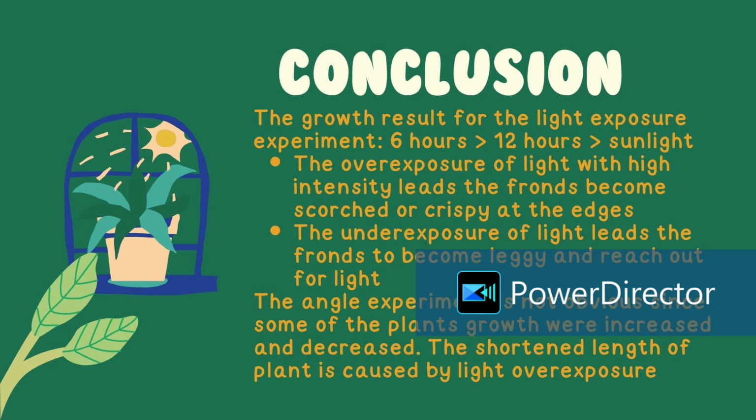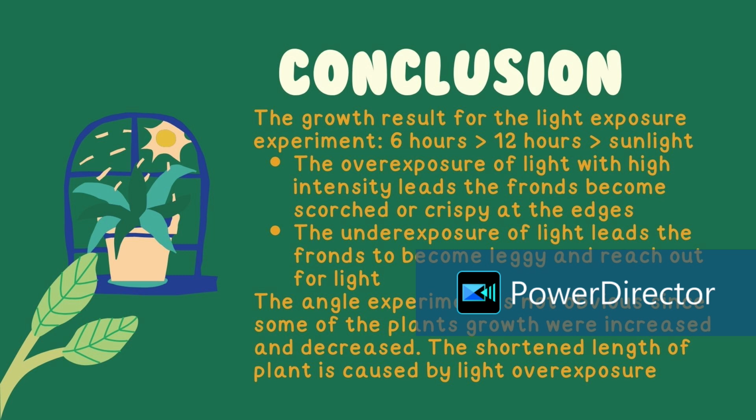The direct sunlight caused the fronds to become scorched, dry and crispy at the edges due to overexposure. Conversely, plants exposed to low intensity light became leggy, with fronds stretching towards the light source. Based on our observations, we can conclude that plants with indirect light, such as 6 hours of light, have the optimal growth development.